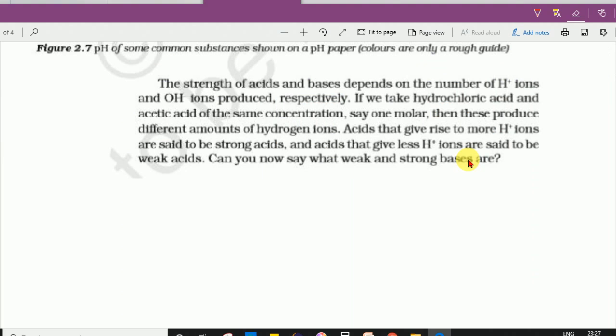So pH tells us the strength of acids and bases, which depends on the H ions and OH ions being produced respectively.